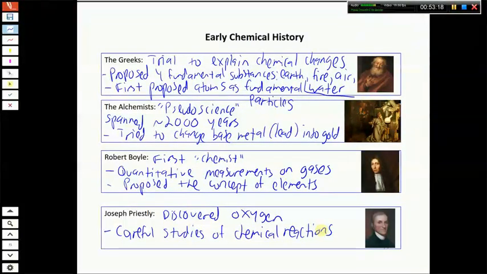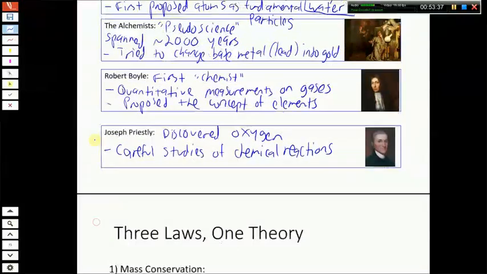But Priestley was the one who's credited with really being the first to do chemical reactions, to really study that process of converting one substance into another, to study it systematically and try to figure out how it works. So these were some of the early ideas, some of the early leaders in the field of chemistry, if you will, that really got the ball rolling in terms of what came to be in the field.